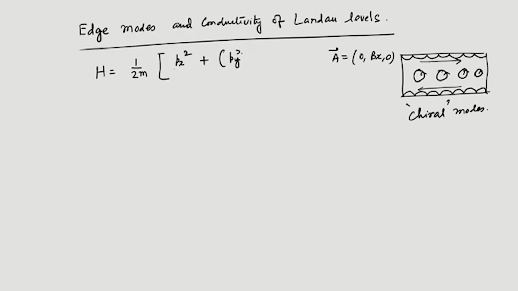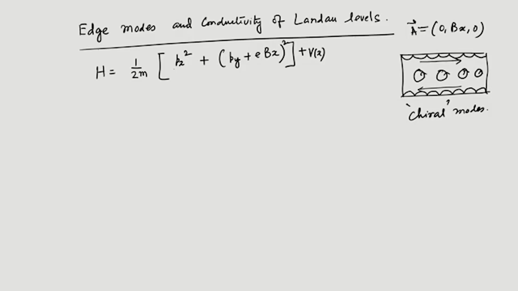And in this gauge, it's plus eBx whole square, and plus a V of x that comes in. Now this V of x is coming for the edges because of the presence of edges. So let's see how it can be understood.